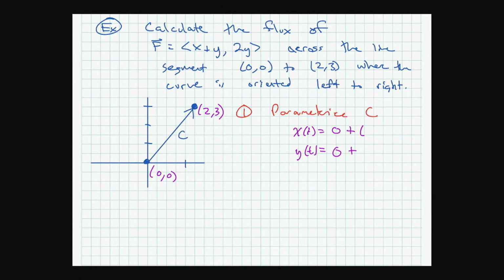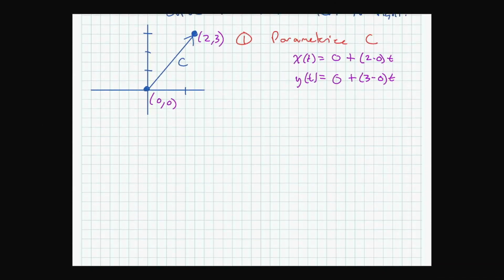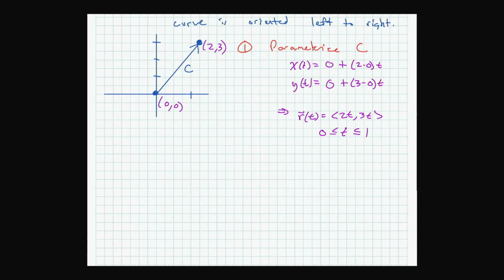Like, so for x, it would be 2 minus 0 t, 3 minus 0 t, like that is the general way you do this. So you end up with r of t is going to be simply 2t comma 3t with t going between 0 and 1. So there's my parameterization, right? You plug in a 0, you get 0, 0. You plug in a 1, you're going to get 2, 3. So that's parameterizing a line segment.